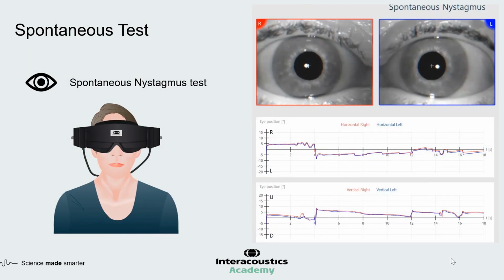So the first thing that we do is look to see, does she have any spontaneous nystagmus present? Here we can see that with the goggles on, the covers on, she's just sitting in the dark with her eyes open. We don't really see any nystagmus. There may be a few very tiny beats, but they're so small that the algorithm doesn't even pick them up.